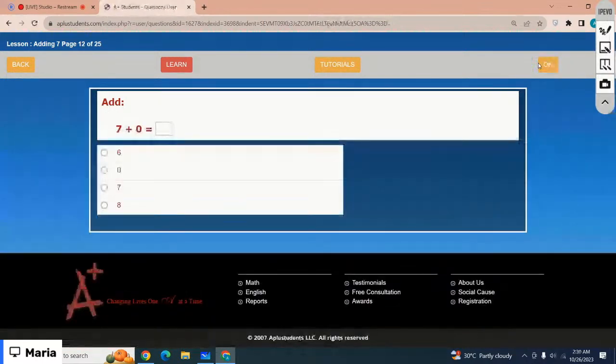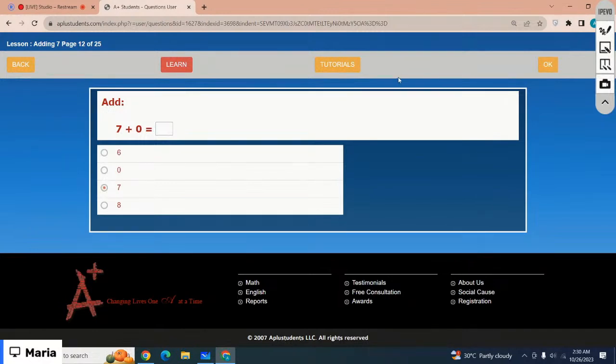The next one is 7 plus 0, which is the correct option? 7 plus 0 is 7. The correct option is 7.